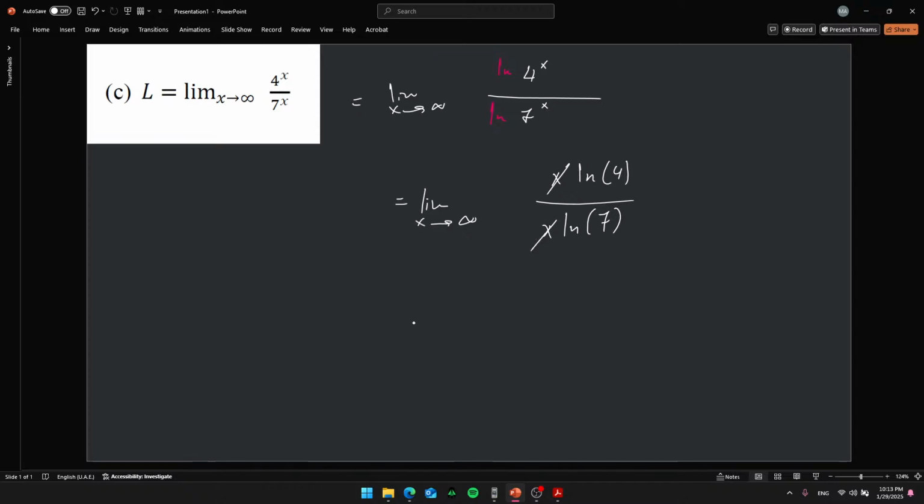The x will cancel, so I have the limit as x approaches infinity of ln 4 over ln 7. This is a number, this is a number, so this whole thing is a number, and we have a limit here, so whenever we take a limit of a constant, it's simply the constant. Ln 4 over ln 7. I think so.